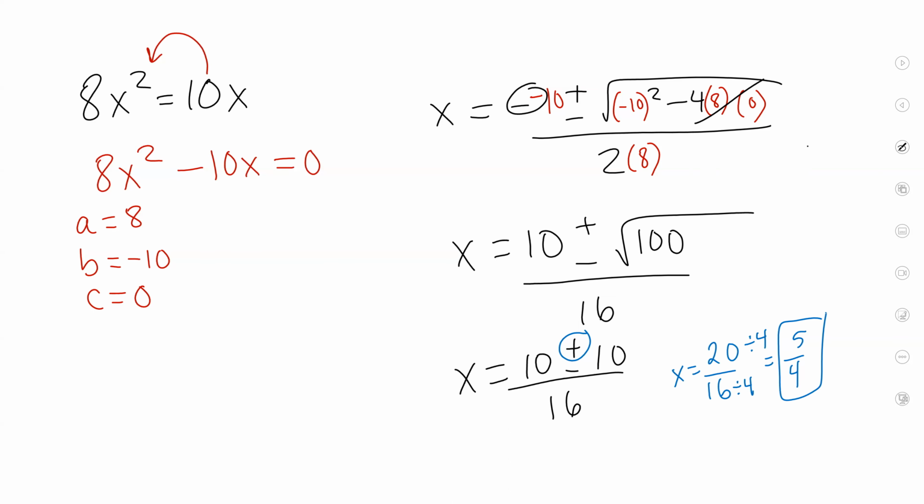And then the other version, I'm going to subtract this time. So 10 minus 10 is 0. So I get 0 divided by 16, which is just 0. So those are my two x-intercepts. Those are my two answers, my two solutions.